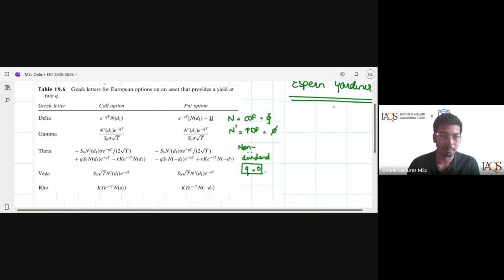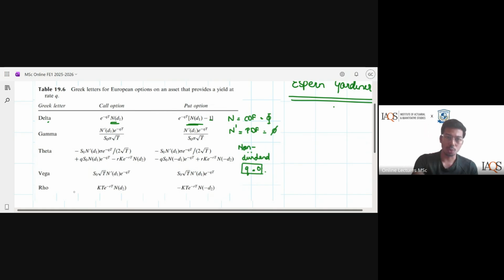Irrespective of whatever type, you will be given the equation of the Greek in the question itself. You will not have to remember, you will not have to mug up the equations. Equations of the Greeks will be given to you in the question, except for delta. Why? Because delta is very straightforward to remember as well. So delta may or may not be given, but if any other Greek has been asked, the equation will be given to you in the question.